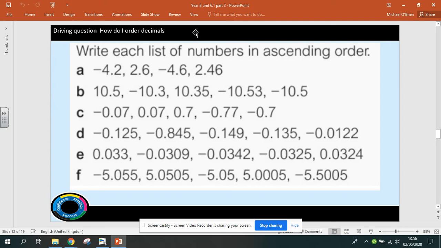Okay, so this is the order that you should have written them down in. So for A, minus 4.6, minus 4.2, 2.46, 2.6. That should have been our first set of numbers. Second set of numbers, minus 10.53, minus 10.5, minus 10.3, 10.35, 10.5.